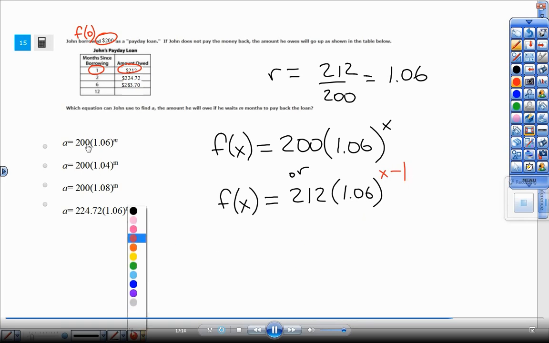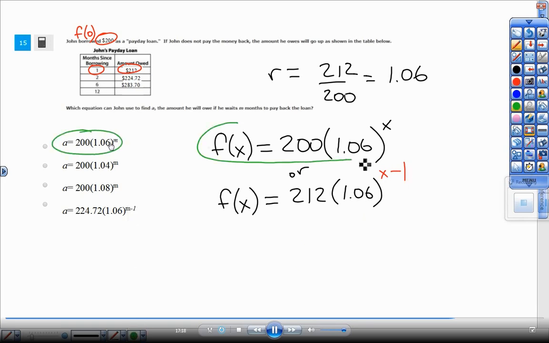I can see that this first one here matches perfect. The second one is close, but it has the wrong R number. Third one's close, has the wrong R number. Fourth one is good, except instead of the first term here, it has the second term listed instead of the 212 right there, which would have made that correct.